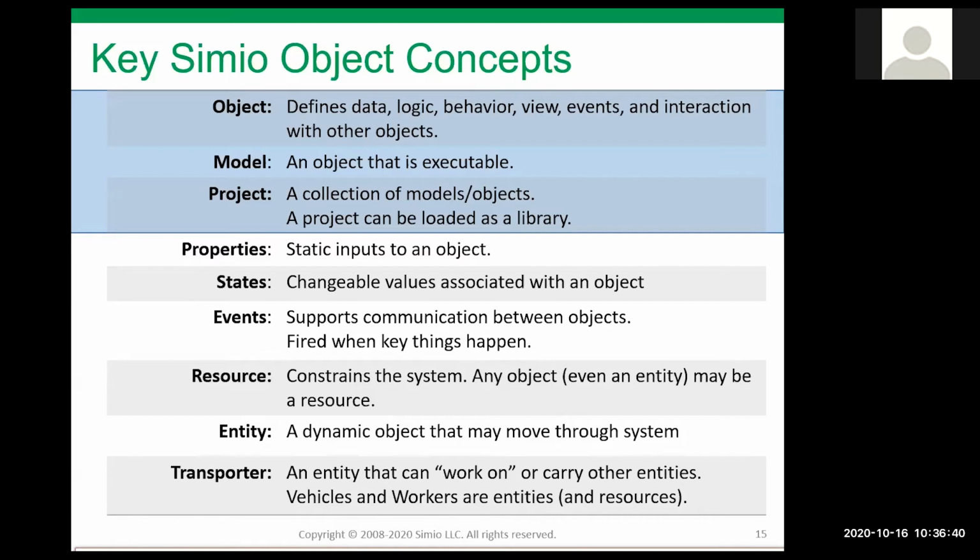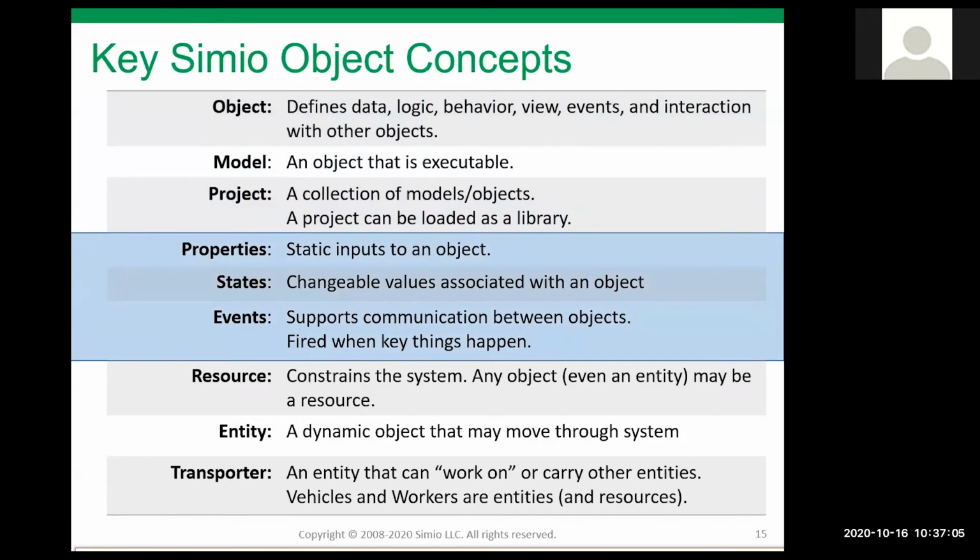Now, in Simio, a model is simply an object that is executable. So there is really no difference between a model and an object in Simio. A project is simply a collection of models and objects, and there is basically no difference in Simio between a project and a library.